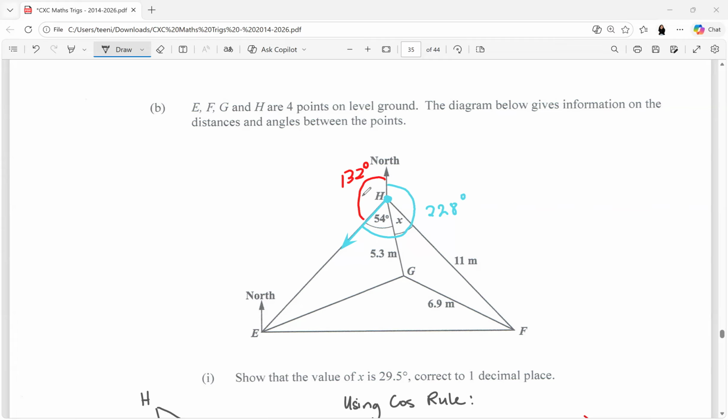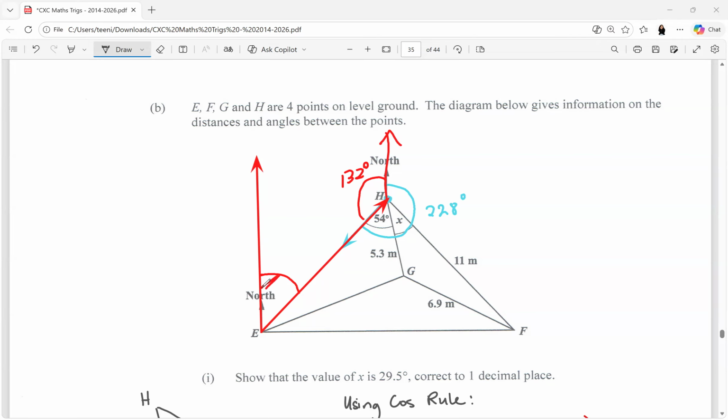Now they're asking us to find the bearing of H from E instead. Looking at H from E means you're looking at the north line at E and opening the clockwise angle to H. The angle traveled from the north line at E to the point H is the bearing of H from E. These two north lines are parallel, so this angle in the middle plus this angle add up to 180.